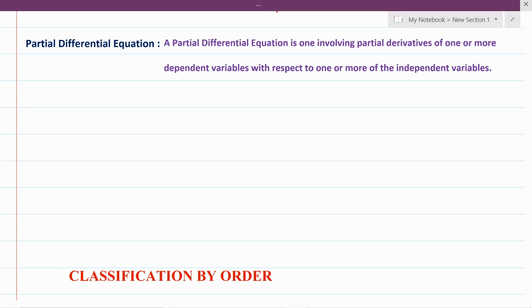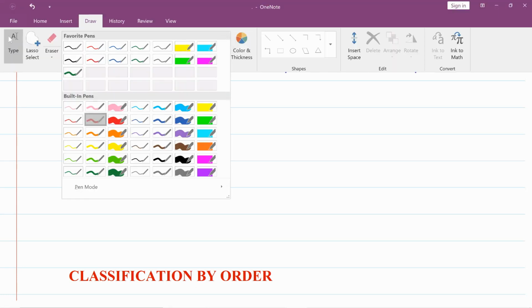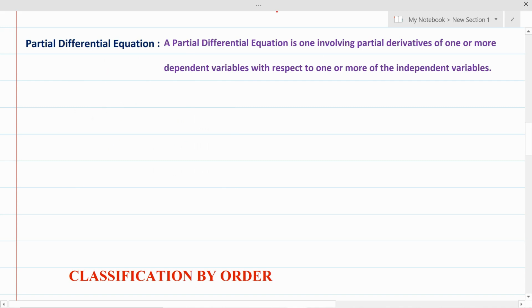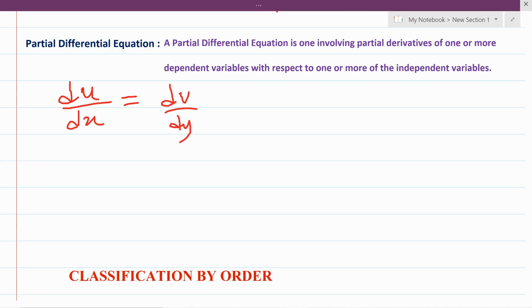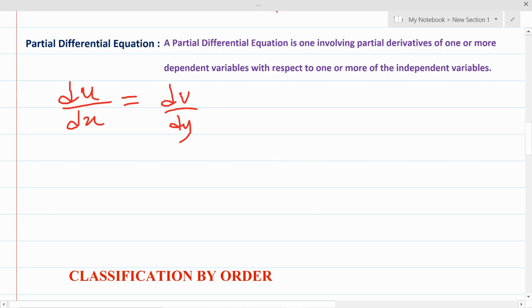So let's consider an example like the Cauchy-Riemann equation that I stated earlier, that if I have du/dx equals dv/dy. This is an equation from complex analysis called the Cauchy-Riemann equation. Sorry, it should be del. It shouldn't be d.